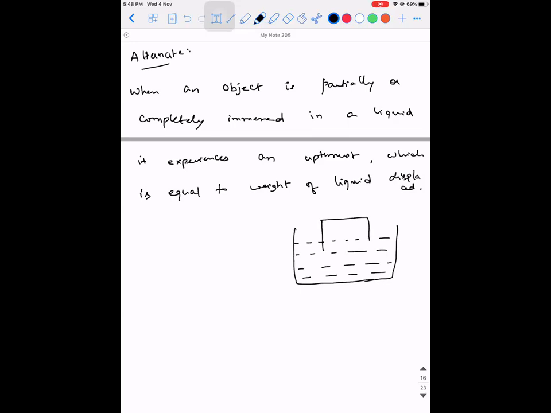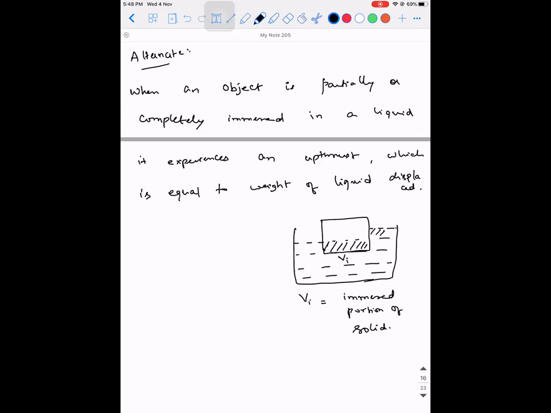When the solid is partially or completely immersed, there is some amount of volume going into the liquid, which I'm calling VI, where VI is the immersed portion of the solid. So the same volume of the liquid will get raised.